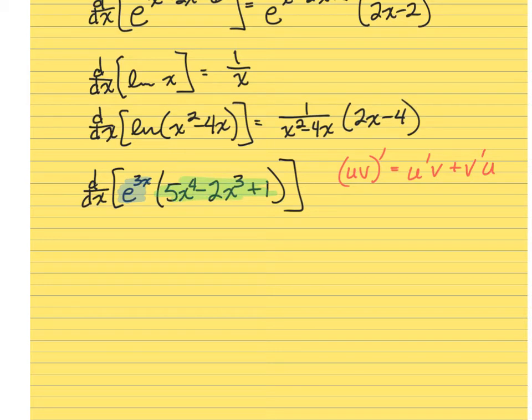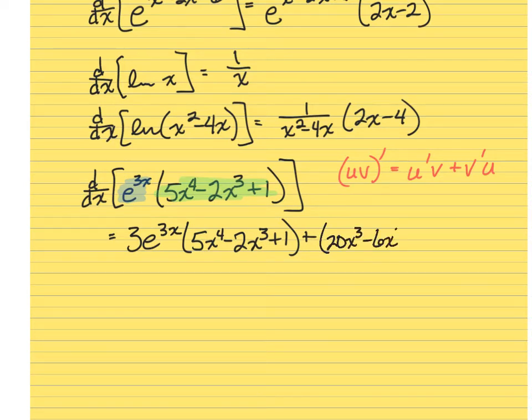We'll take the derivative of the first, and that's going to require the chain rule, so it's going to be e to the 3x times 3 times the second function, plus, now we take the derivative of the second function, which is just a nice polynomial, and so that's going to give us 20x cubed minus 6x squared times the first. All right, and now you'll see some simplification that you want to get used to here.